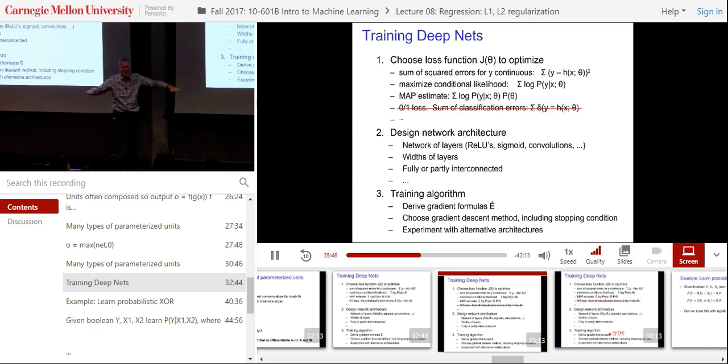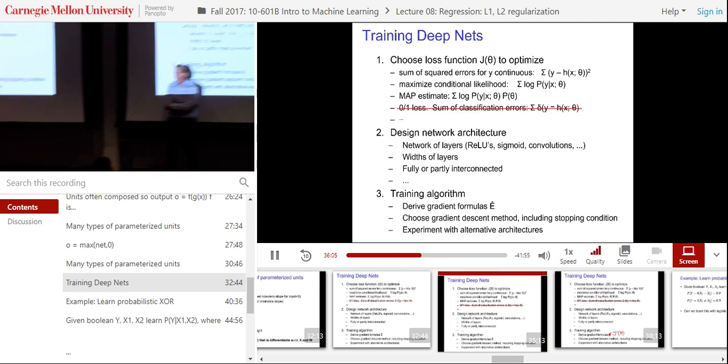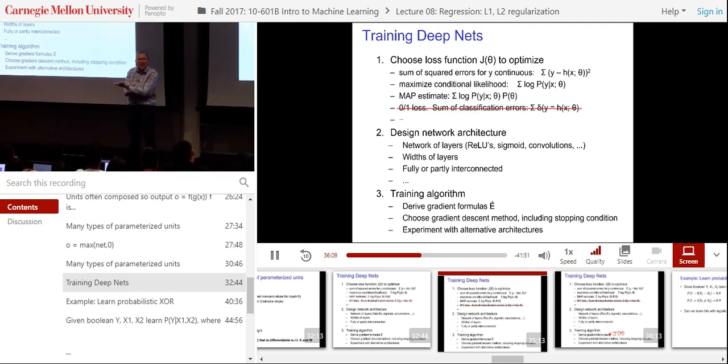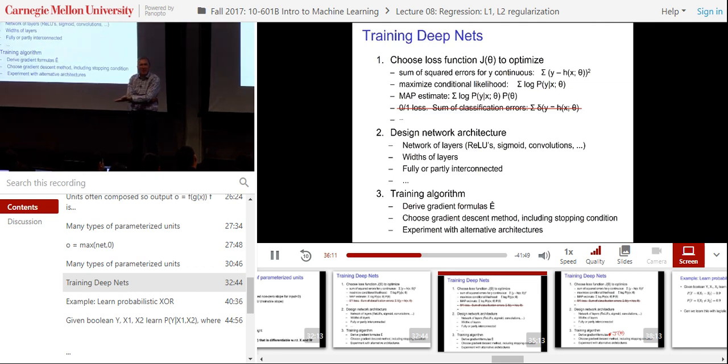And so those derivatives are kind of zero almost everywhere. And then there are these step functions where the parameter gets adjusted to some value where it suddenly changes. So 0-1 loss is actually not a very good thing to train. We don't want to just count the number of mistakes and minimize that, because it's not a smooth function of the inputs or of the parameters.